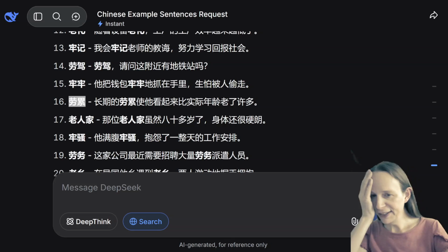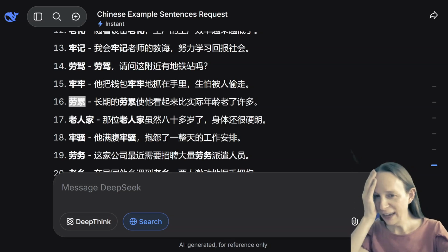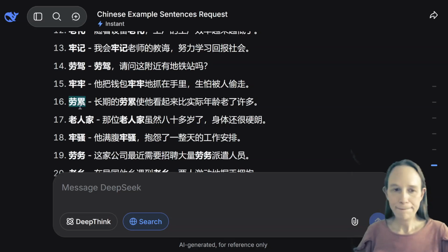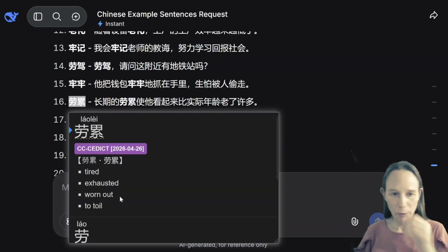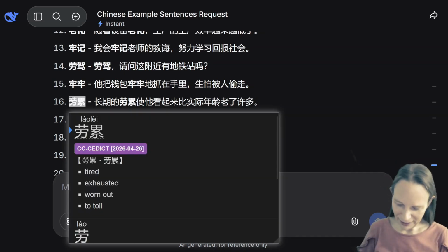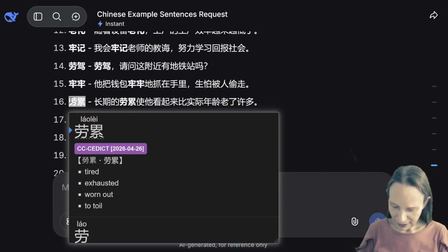Okay, it feels like it means the tiredness that one gets by doing labor. Worn out, or the toil. I don't think, is it a verb? I better look it up actually. This is relatively fresh. 劳累.